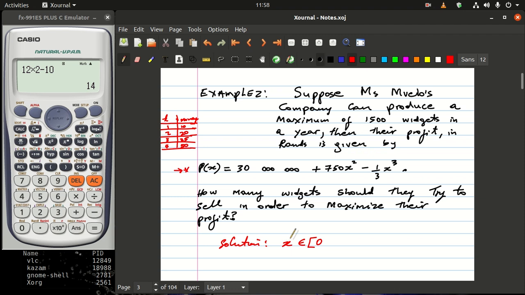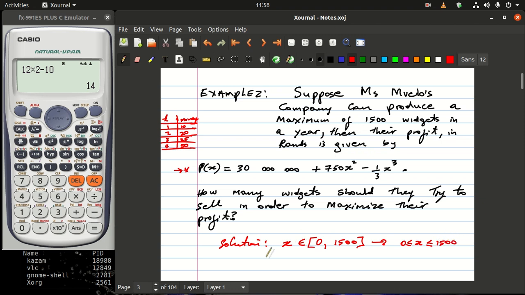So X is a value that is between 0 and 1,500. I hope you can catch that, because this is very important. It says that our X is always going to be greater than or equal to 0, and it's always going to be less than or equal to 1,500.